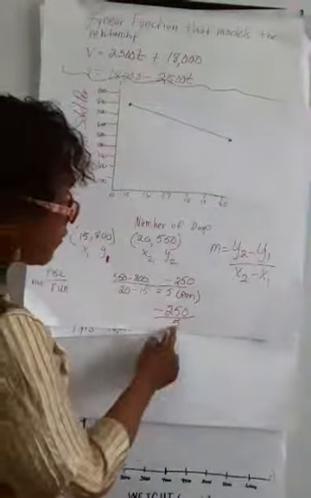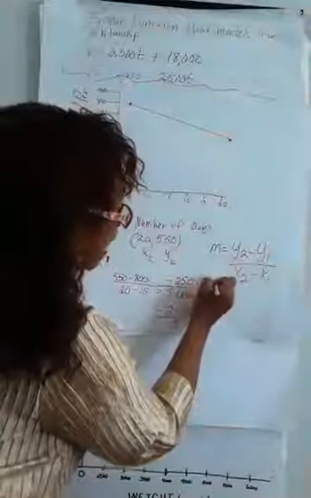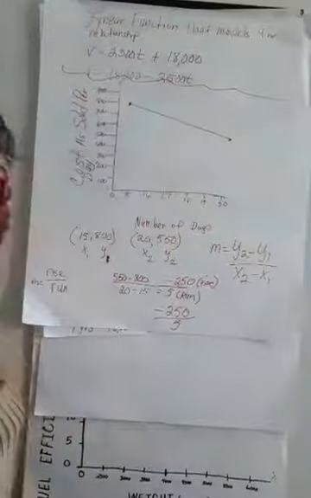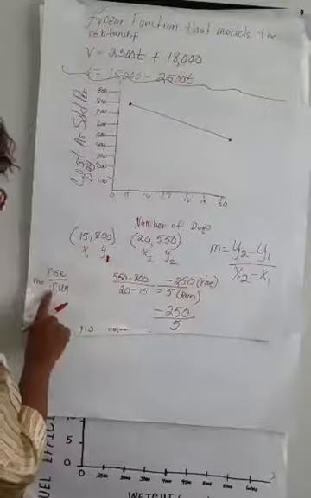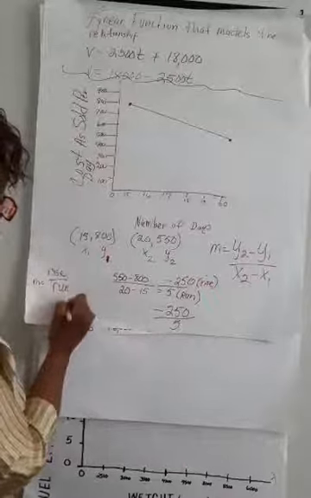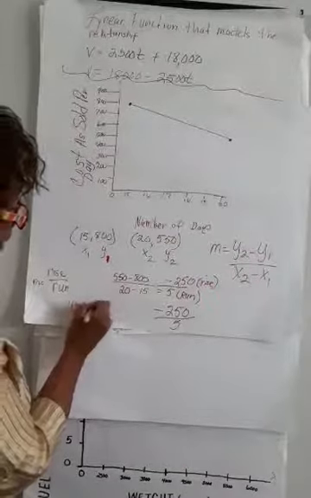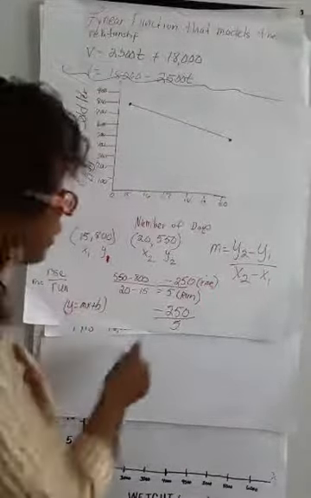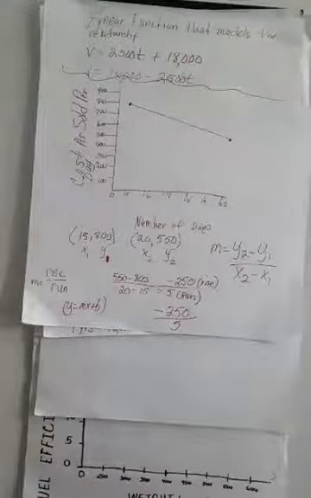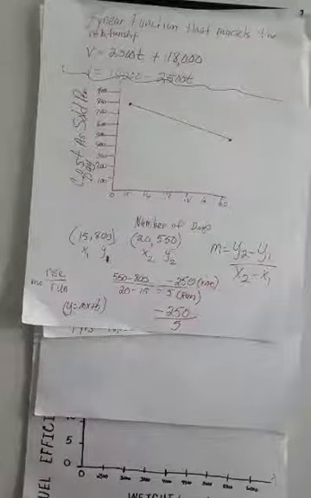Your run is 5, and this is your rise. You have to know the formulas for slope. This is 1, and this is 1. And then you can use y equals mx plus b. It's whatever they are asking you to do. But in this particular one, the run is 5 and the rise is negative 250. Okay, now, let's see if there's anything else.